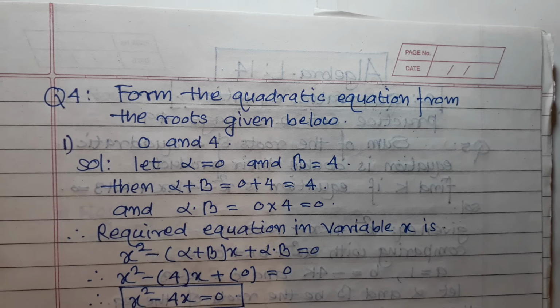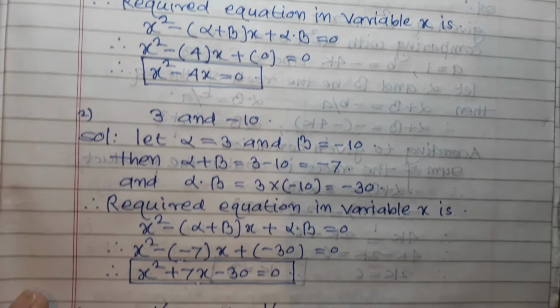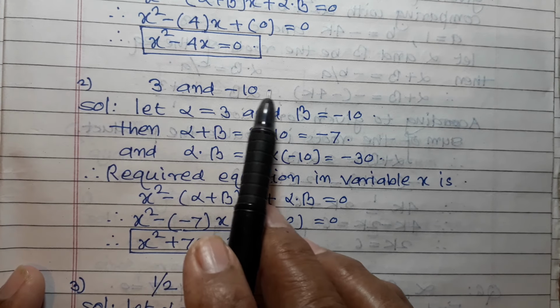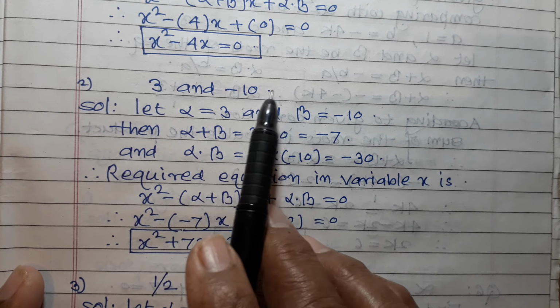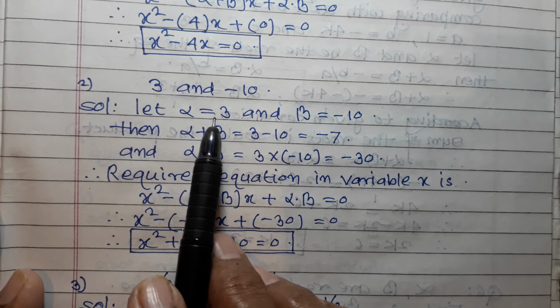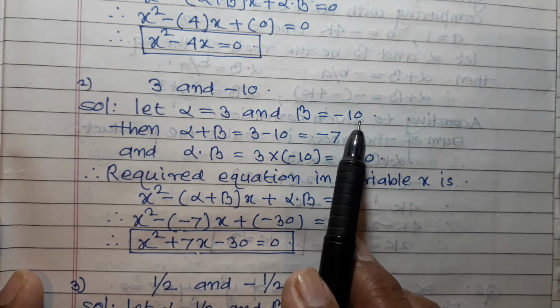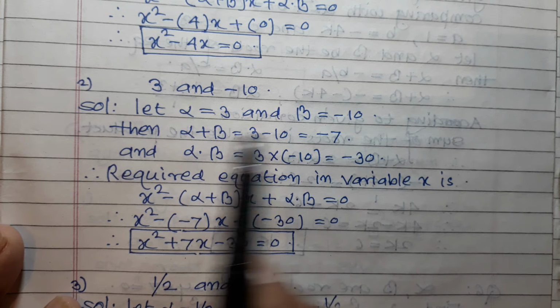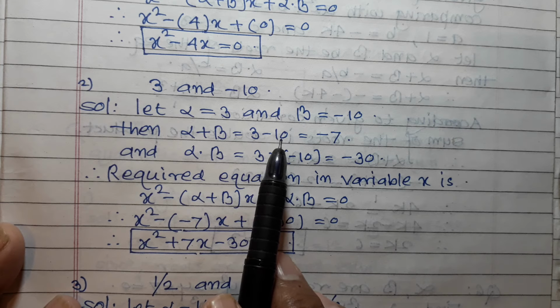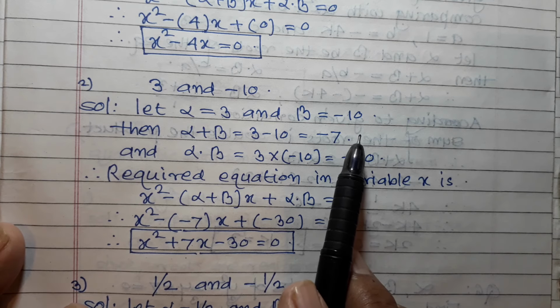Okay. Question number 2. 3 and minus 10 are two roots. Solution: let alpha is equal to 3 and beta is equal to minus 10. Then alpha plus beta is equal to 3 minus 10 is equal to minus 7.